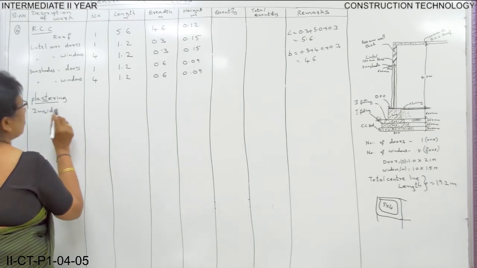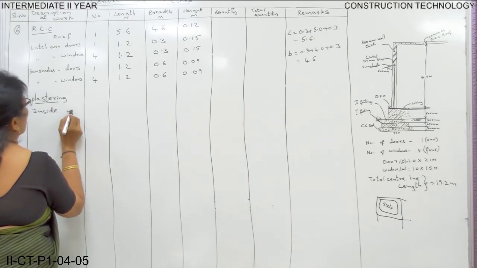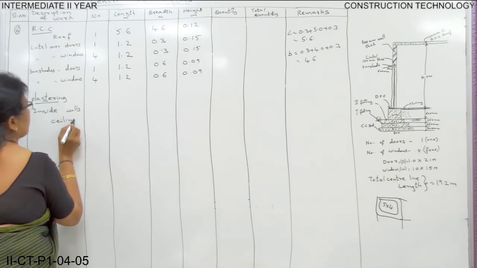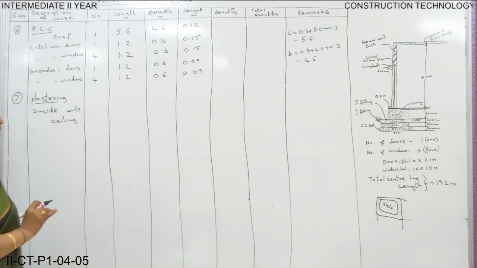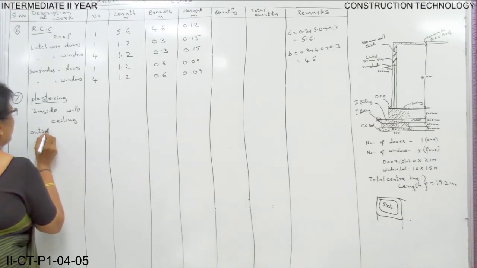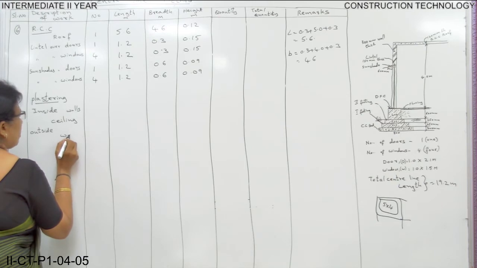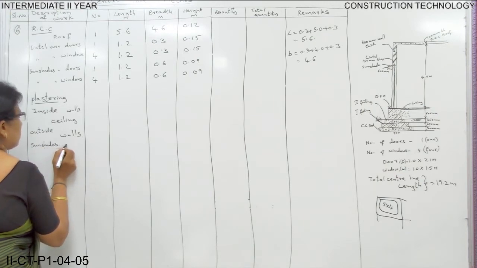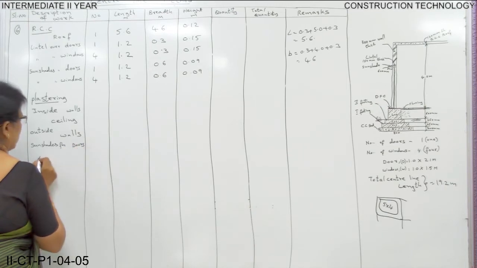Inside the room for the wall, then next is ceiling. So the inside part is over. Now outside, where you have to do plastering for walls and sunshade, sunshade for doors and sunshade for windows.